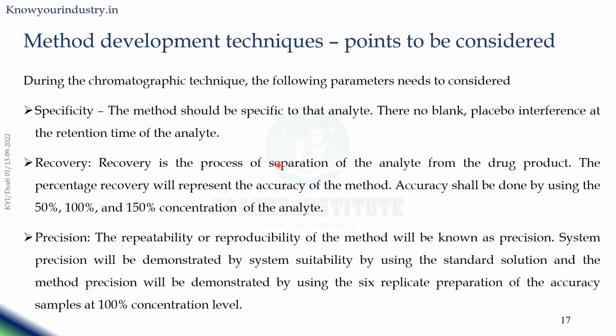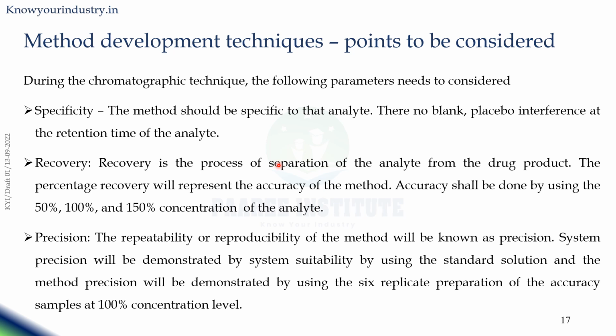So you have X, Y, Z components in the sample, but your interest is only the X. When you create a mix of Y and Z without the X, the mixture should not give any peak.